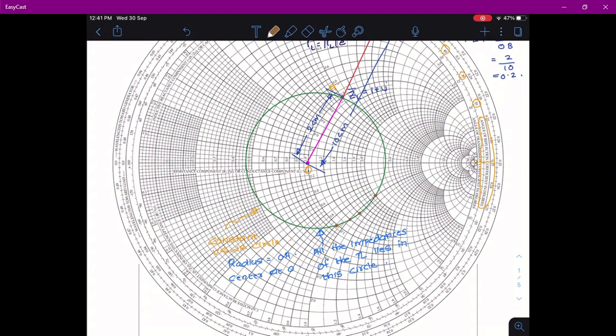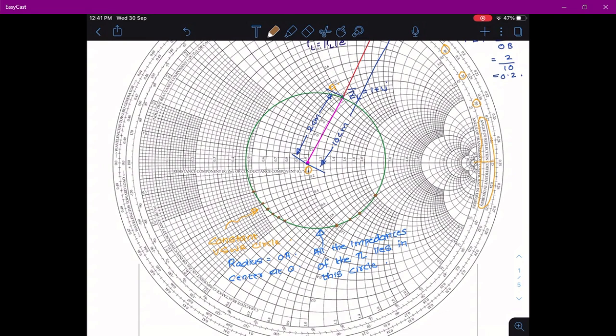We'll see how we can find the length. At 1 plus 1j you have the load impedance, and wherever this circle meets the different impedances, there is one impedance here, one here, and it goes on. So all these impedances lie on the transmission line. The constant VSWR circle is the most important circle for finding the impedances.